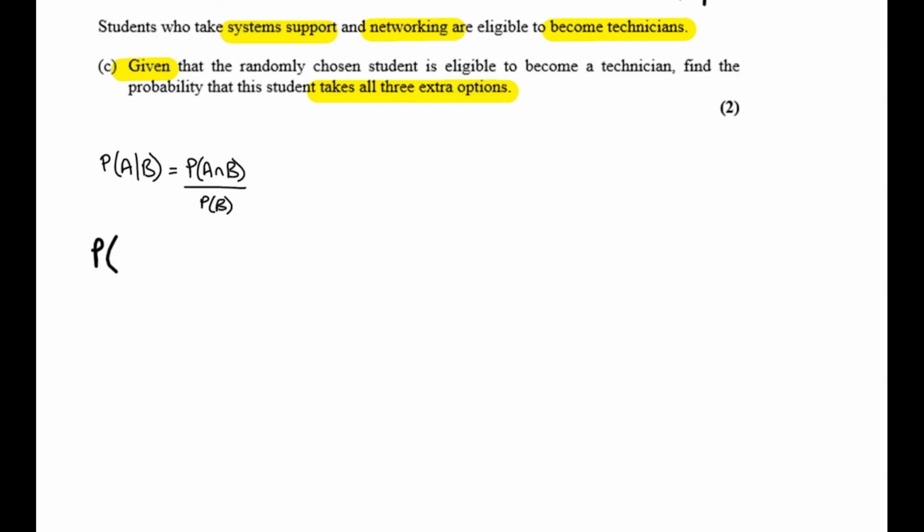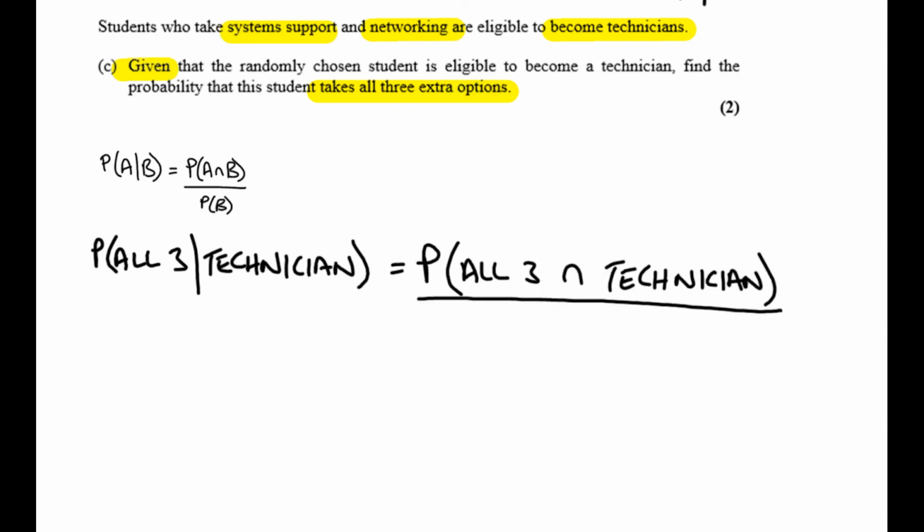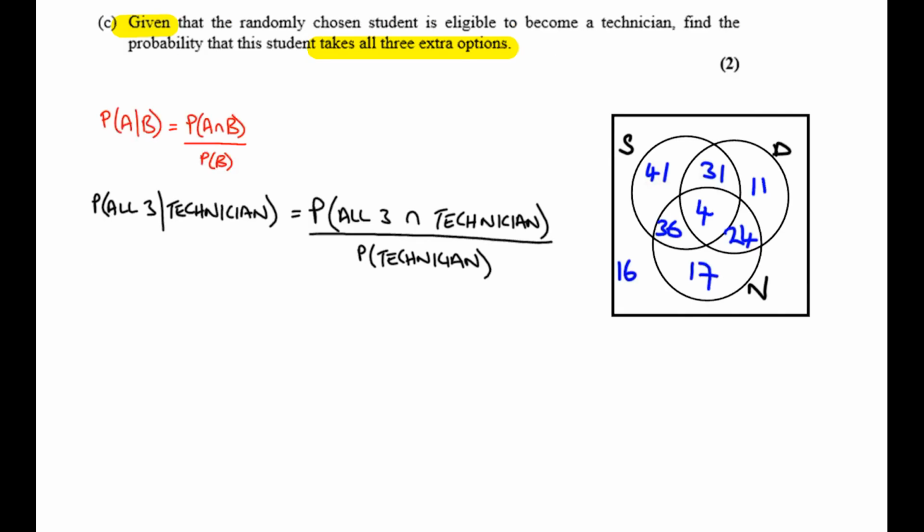We're looking for the probability that someone takes all three, so all three extra options, given that they're eligible to be a technician. Okay, so all three is our event A, and being a technician is our event B. So we're looking for the probability that they do all three and they're a technician over the probability they're a technician.